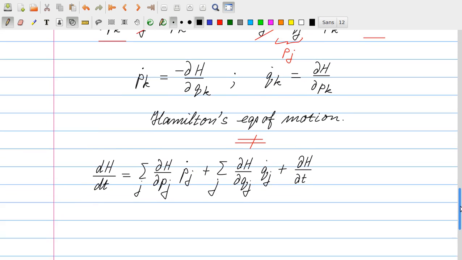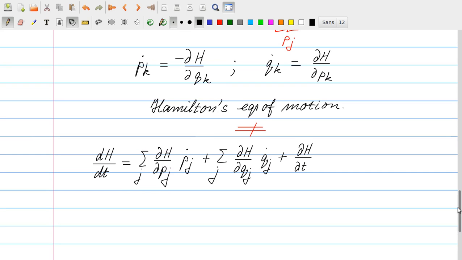and this is the result for ∂H/∂t. Now I see that this equation contains ṗj and q̇j, and so I can use these equations in order to rewrite that equation in a slightly different form. So I have a ∂H/∂pj, and the ṗj is minus ∂H/∂qj.